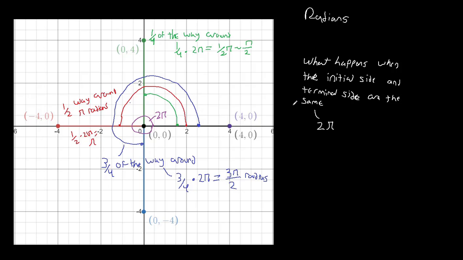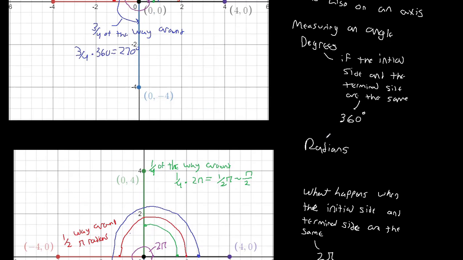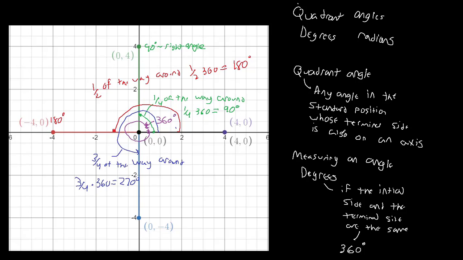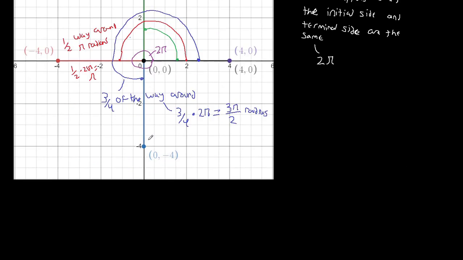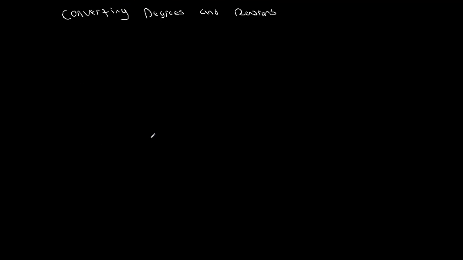Okay, so keep that review of the definition. For degrees, we use the same sort of thing, right? We're assuming that we have an initial side, then we go around and we come back to the same side. So our initial side and our terminal side are the same. And we've determined that for degrees to be 360 degrees. Okay, so keep those two definitions in mind because we're going to use them to set up a conversion system.